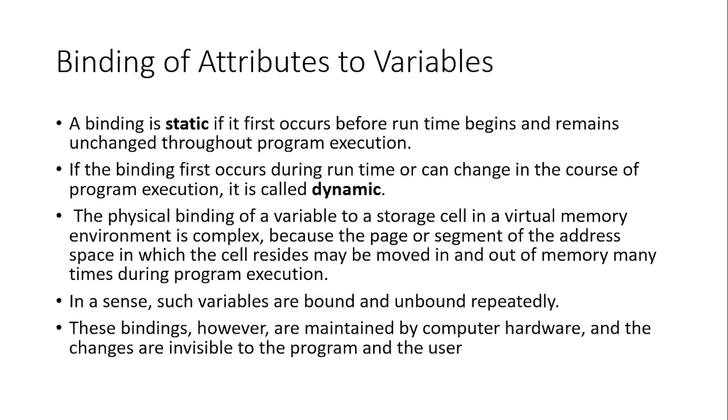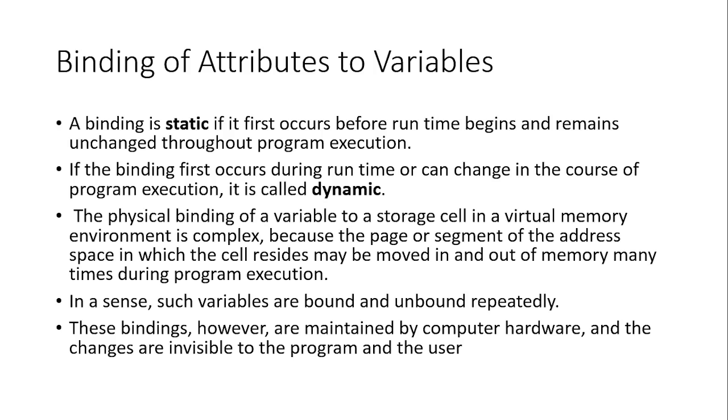So let's see what is binding of attributes to variables. A binding is static if it first occurs before runtime begins and remains unchanged throughout program execution. What is meant by a static binding?